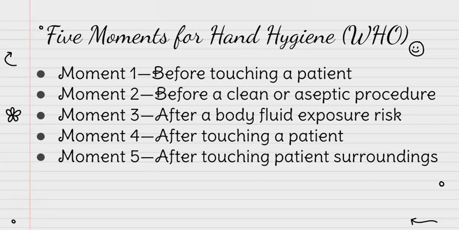A newer thing is now called respiratory or cough hygiene, and this is just teaching your clients or your patients to cough into a tissue or in their elbow so that they're not spreading any droplet type transmission pathogens.